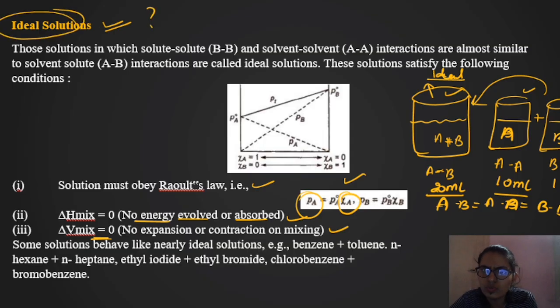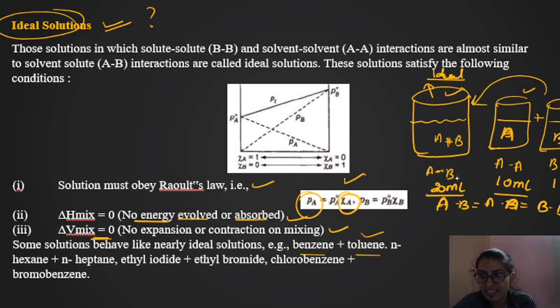And the question is, do we have ideal solutions in real life? A 100% ideal solution doesn't exist. But yes, there are some solutions which behave ideally. Here we have some examples, like benzene and toluene. When I mix them, they act like an ideal solution.